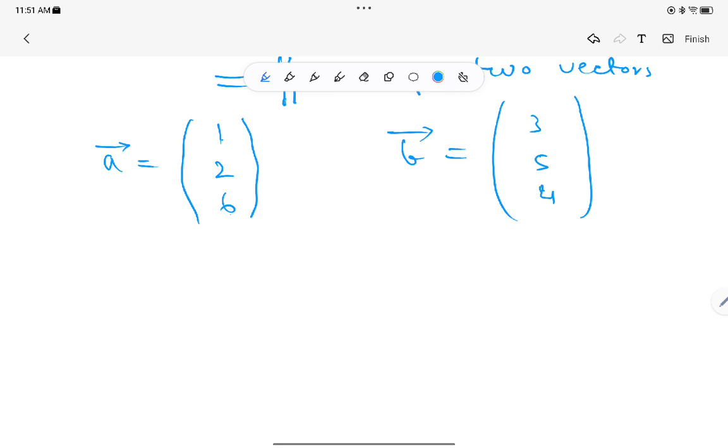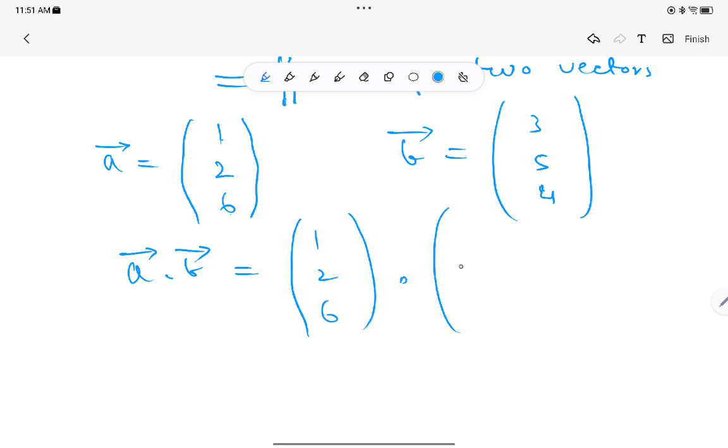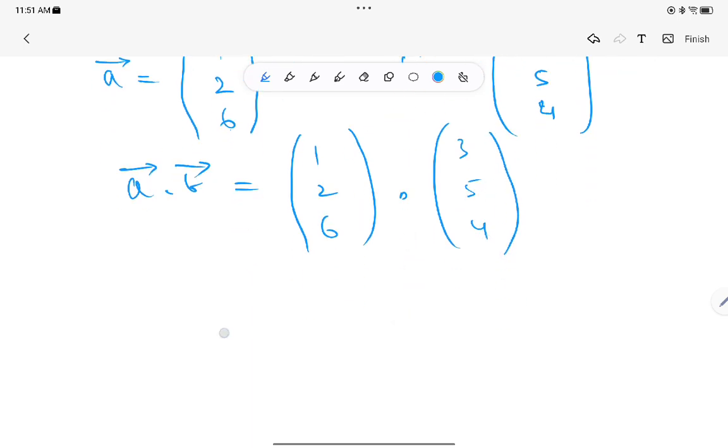Now, suppose we want to find the dot product of them. So we write A dot B, with A as 1, 2, 6 and B as 3, 5, 4. What do we do in a dot product? Please look at that. The first vector is converted into its transpose. This is a column vector.